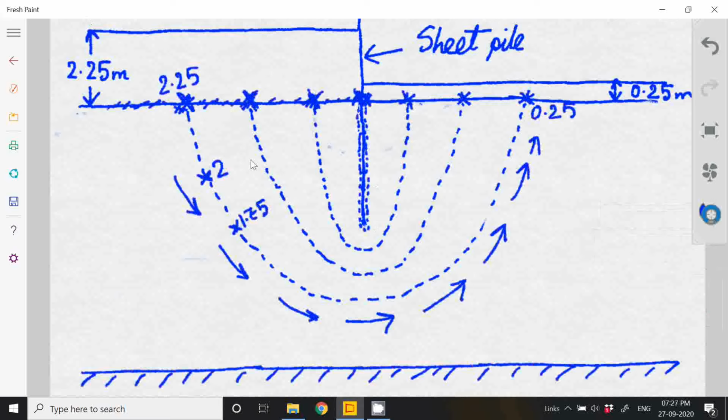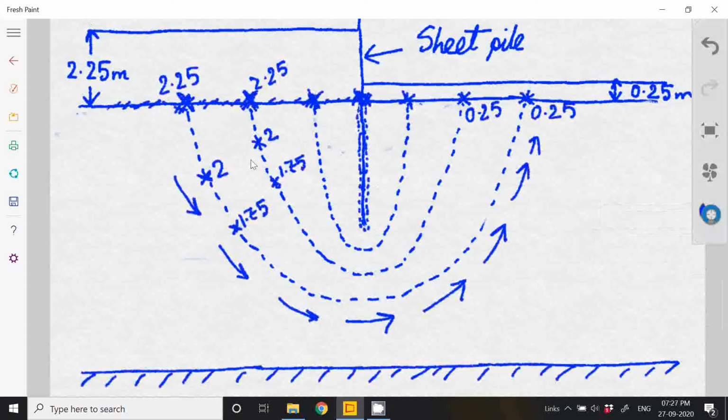Similarly, this particle will have an initial head of 2.25. Then at some point maybe here the head is 2. At some point maybe here the head is 1.75. And ultimately the head will decrease, and when it reaches here, it will become 0.25.